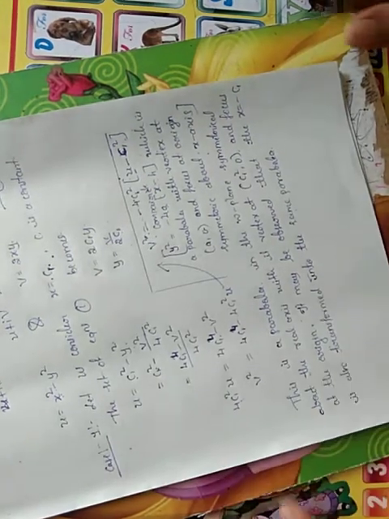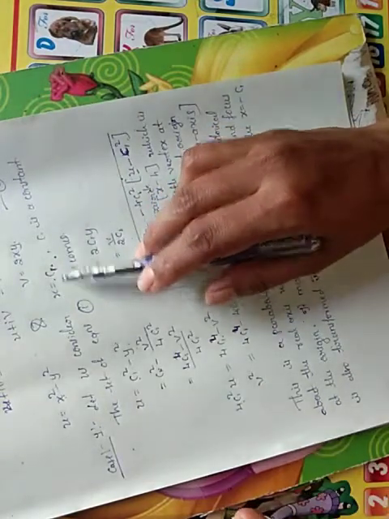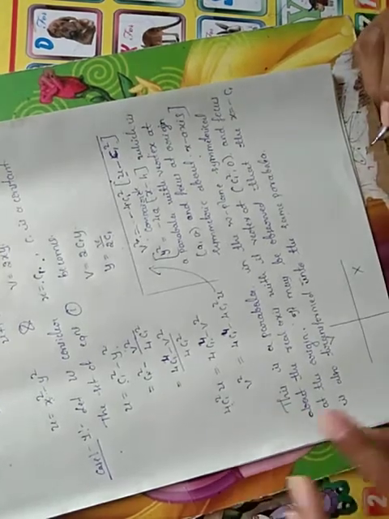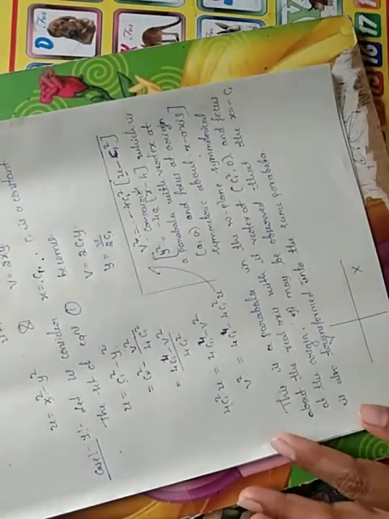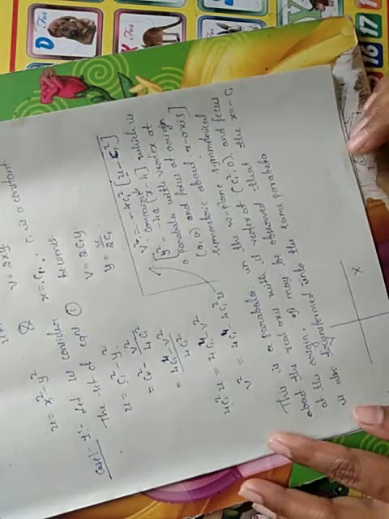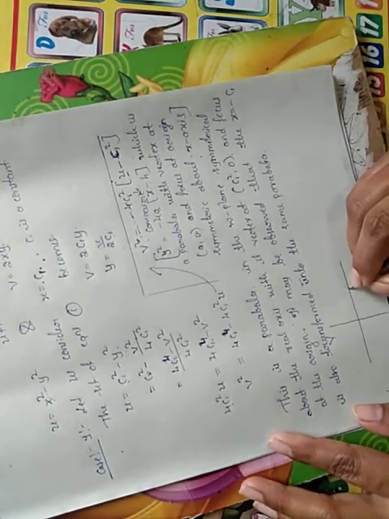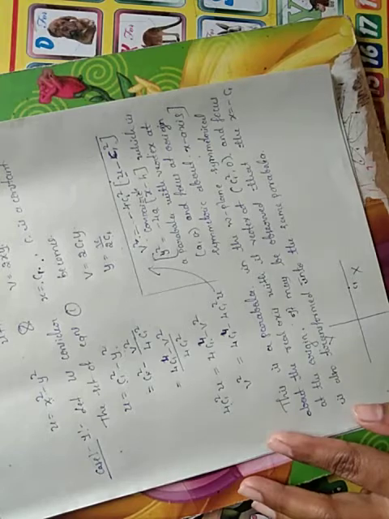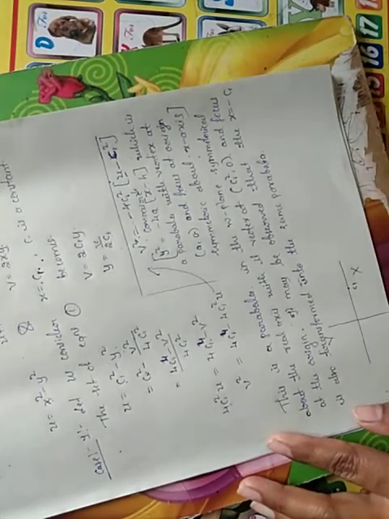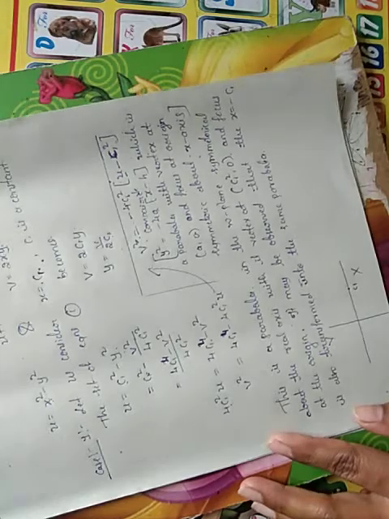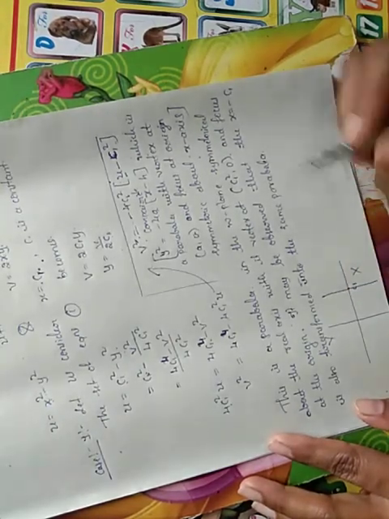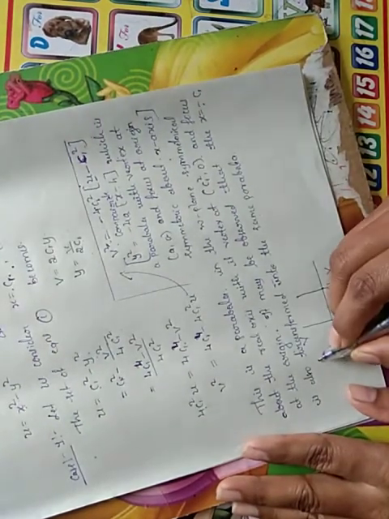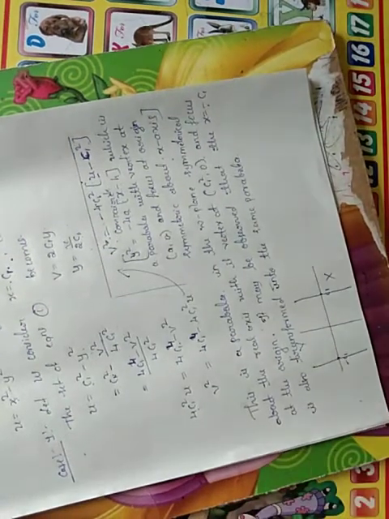Here, suppose x equal to c1. In the x and y axes, x equal to c1 is a straight line parallel to the y-axis. Similarly, if x is equal to minus c1, then also it is a straight line parallel to the y-axis but on the negative side.